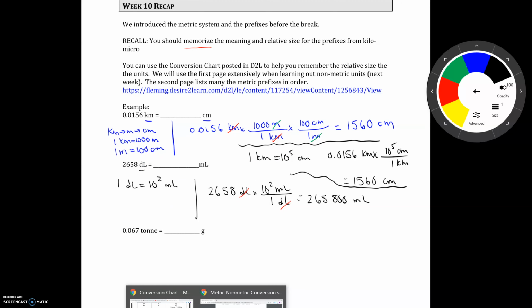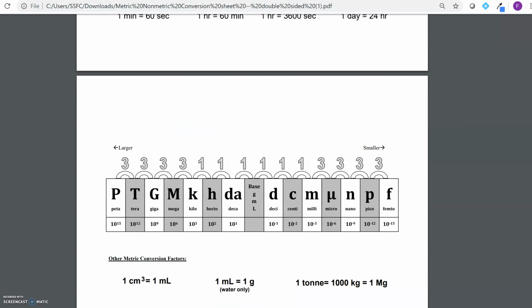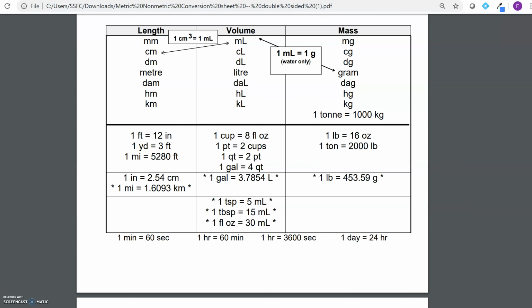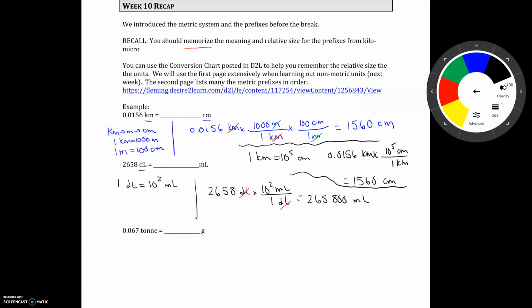Another feature you might notice on this chart is that when it comes to the mass units, in addition to our different types of grams, we also see a metric ton show up. A metric ton, spelled T-O-N-N-E, is equal to 1,000 kilograms. And so if I want to convert from 0.067 tons to grams, I might use the fact that 1 ton is 1,000 kilograms, and 1 kilogram is 1,000 grams.